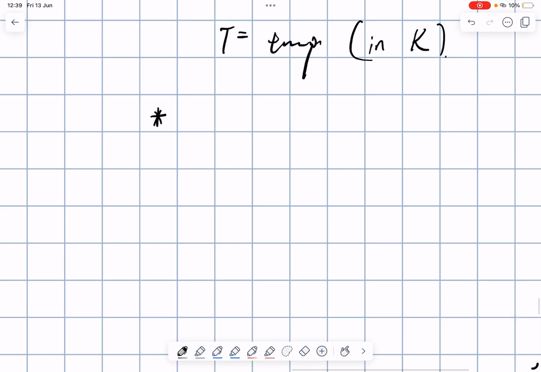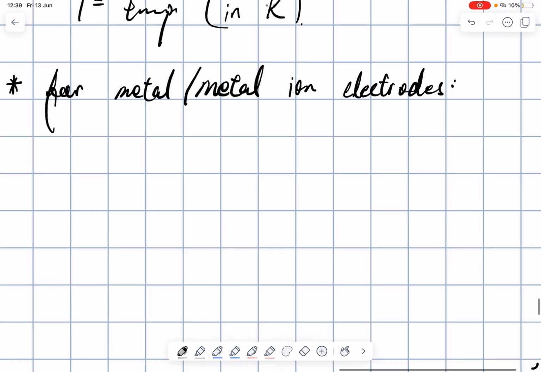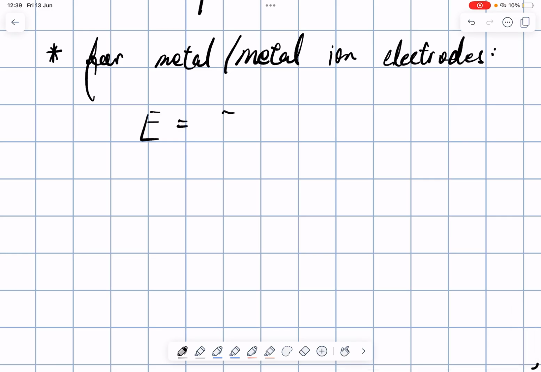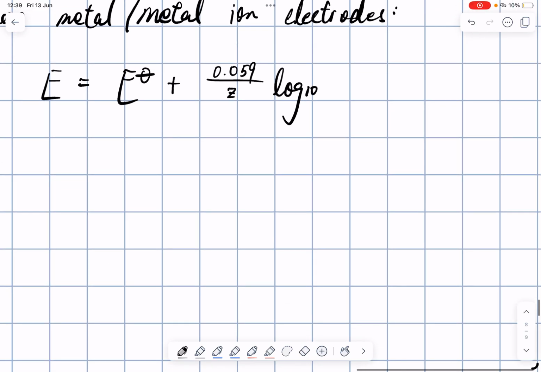However, we have a simplified form for this. This is only for a metal ion electrode. E equals E standard plus 0.058 over Z log 10 of the concentration of the oxidized form.